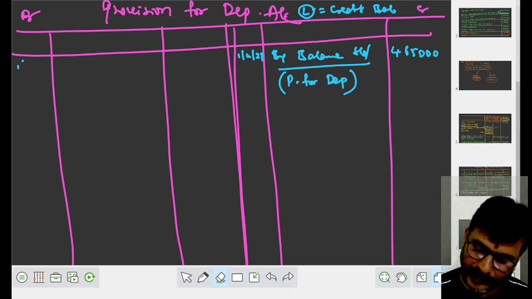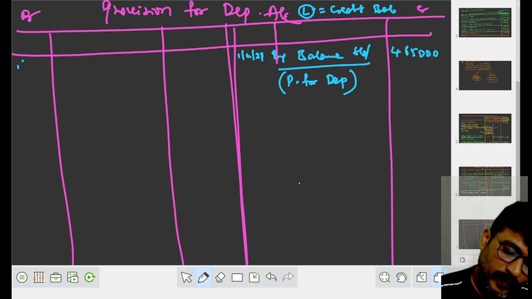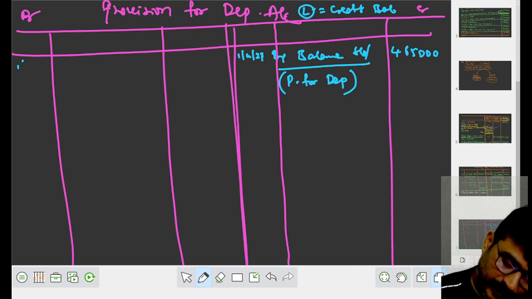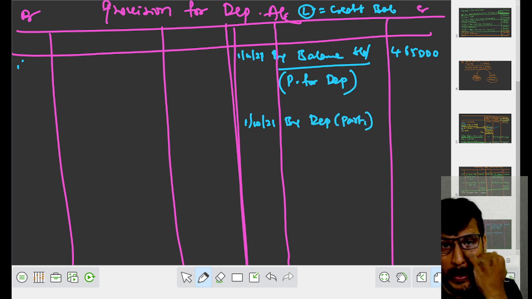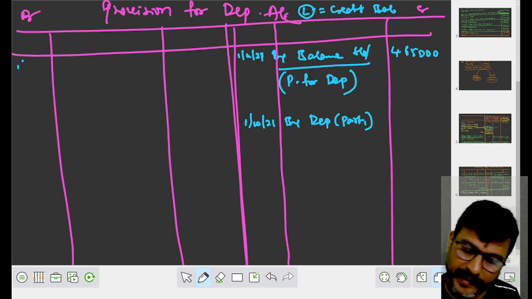Let me have a little bit more space for a date column. Okay. Now on what date? On 1st October 21, by depreciation on what? On part 1. How much depreciation on part 1? 7,290.